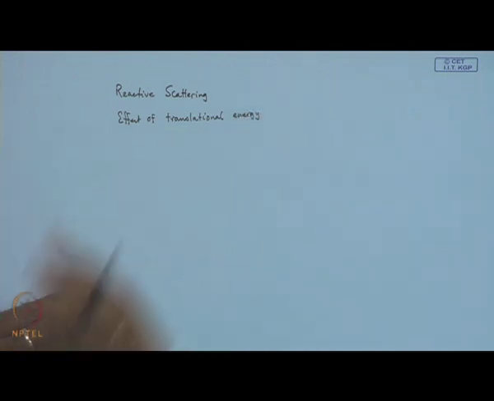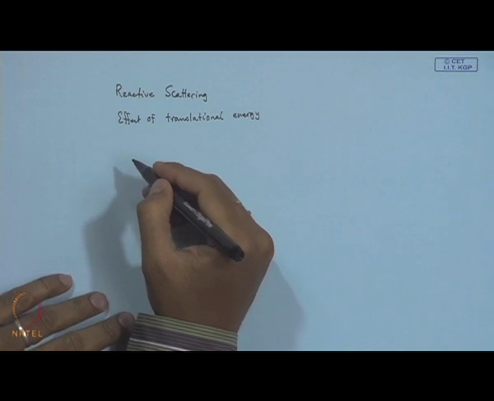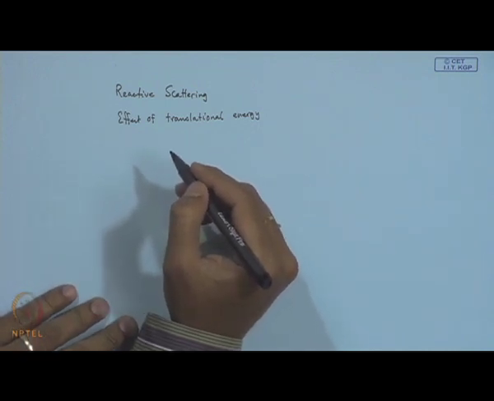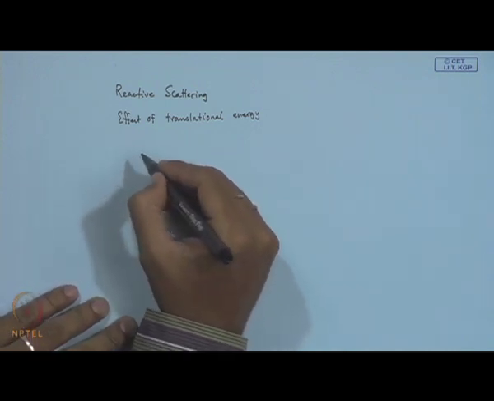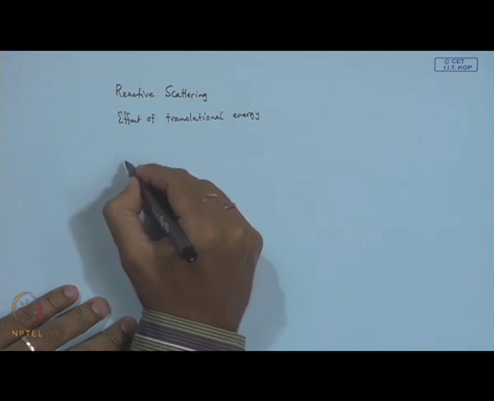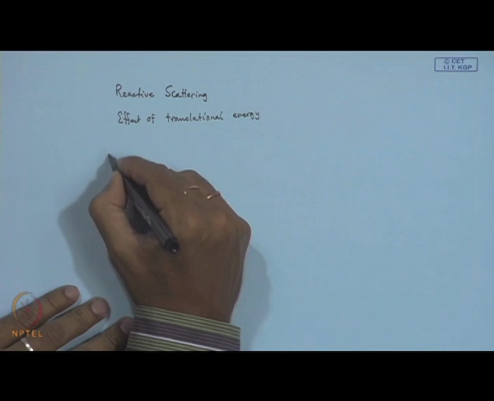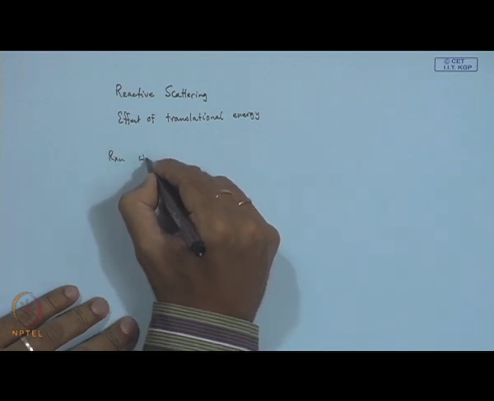Now, consider a reaction with a barrier, say deuterium iodide.